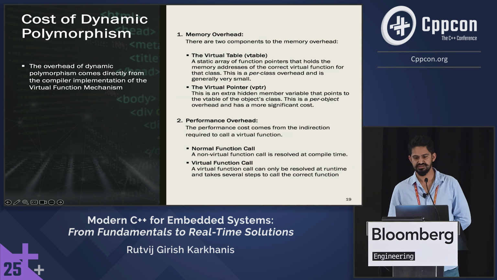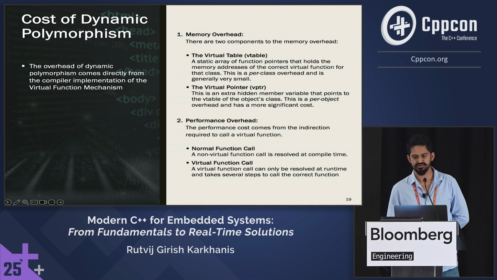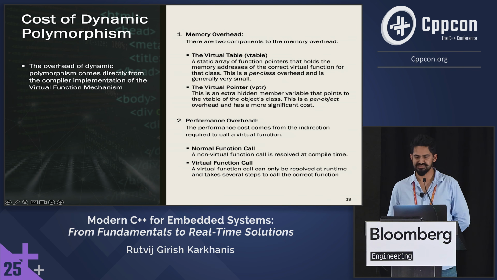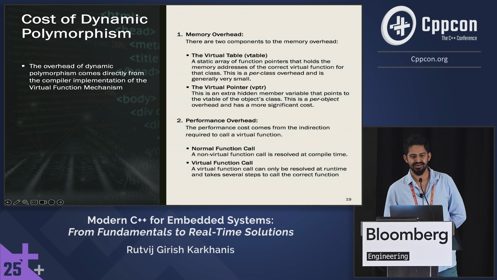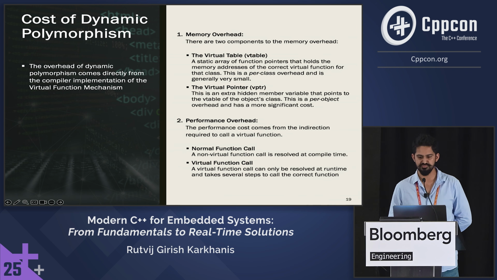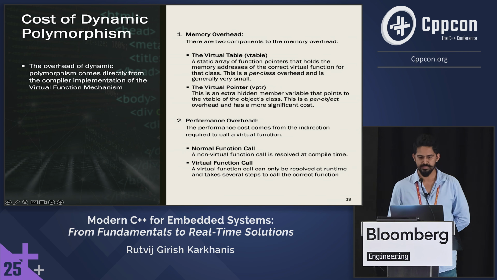For example, on a 64-bit system, the size of the temperature sensor class that we saw will be 8 bytes larger than what it would have been if its methods were not virtual. While this may seem negligible for a few objects, it can quickly add up and become significant if you need to create millions of small polymorphic objects in a system with a small RAM.